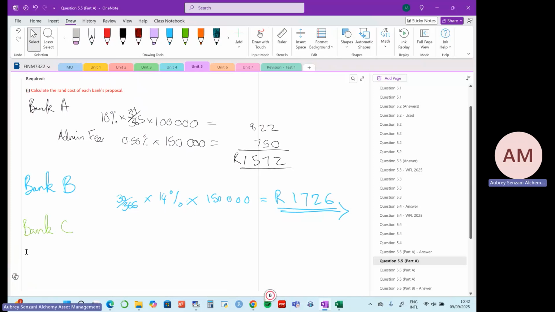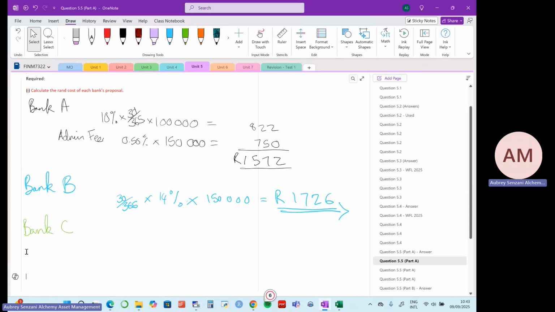This will attract an annual interest rate of 16% on the value of the loan amount drawn down, as well as a warehousing fee of 0.75% on the average amount borrowed. Okay, the average amount to be borrowed by the company is expected to be 90,000 over the 30-day period.